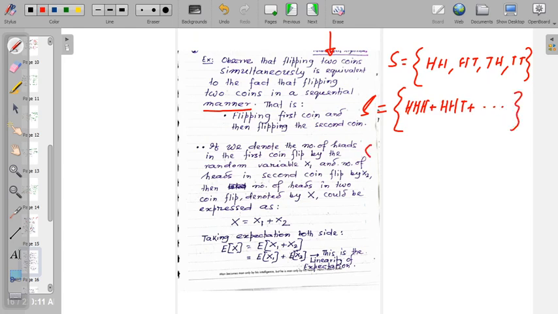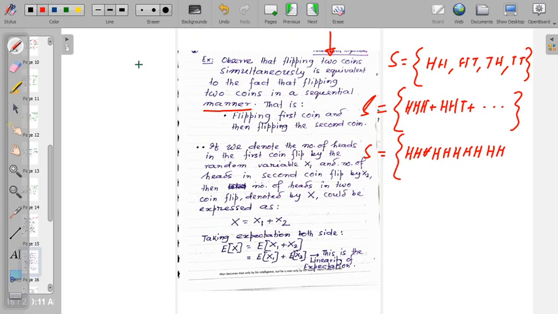If I have 10 coins, I am flipping simultaneously, the first elementary outcome will be 10 H's. Even this page will not be sufficient to put all this.